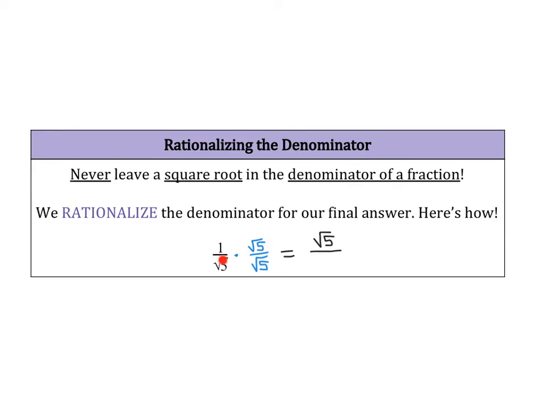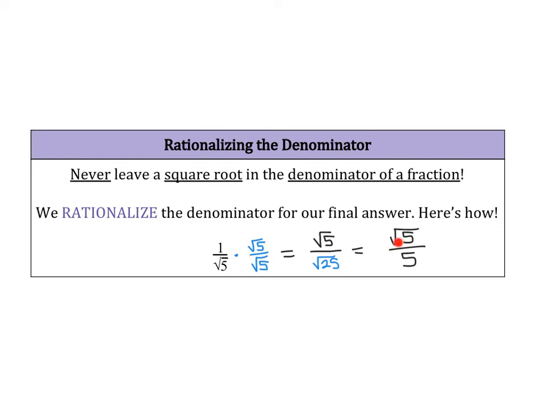And then here, if we have square root of 5 times the square root of 5, this becomes the square root of 25, because when we are multiplying square roots, if two numbers are on the inside, we can multiply them together, and then we can simplify that from there. We know that 25 is a perfect square, so it just becomes 5.